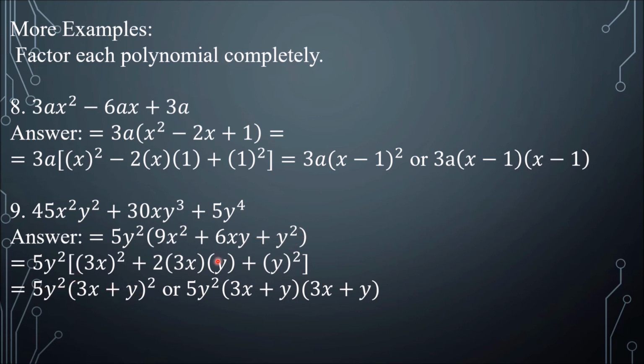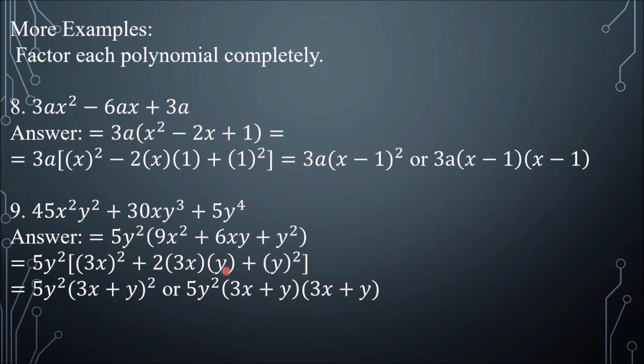So, factoring that, we have 3x, that's 9x squared, 3x squared, plus, because this is plus, and then 2 is constant there, so 2 times 3x. Now in order to get 6xy, we need to multiply 2 times 3x by y, so 2 times 3x times y is 6xy.